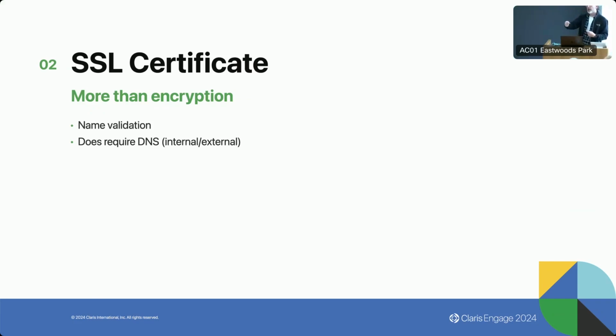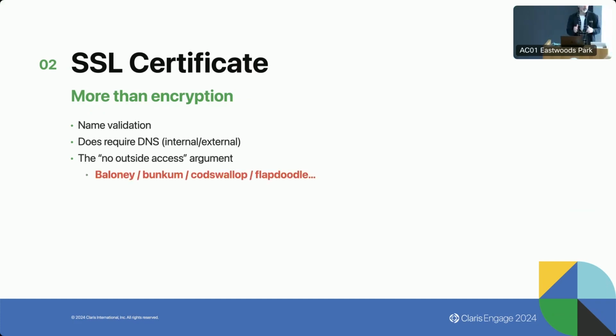Because you have to use a custom SSL certificate, this is sort of like the argument: I don't have outside access to my files, I don't need a custom SSL certificate, right? It holds no water, right? Any security audit, any security review, any breach review that you can download from the last 10 years will tell you most of the security breaches originate from inside the network, not from outside the network, right?